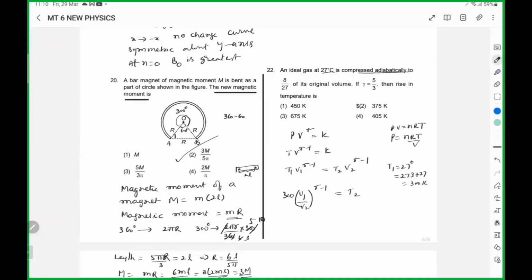The gas is adiabatically compressed, that means V2 is 8 by 27 of the original volume. So T2 is 300 into 8 by 27 to the power gamma minus 1, with gamma value 5 by 3 minus 1.